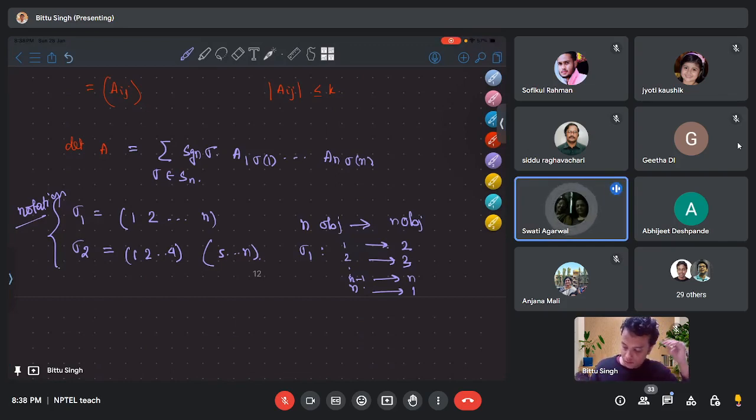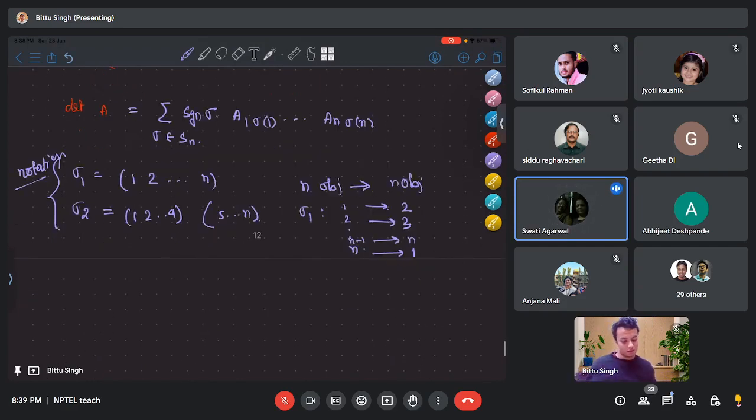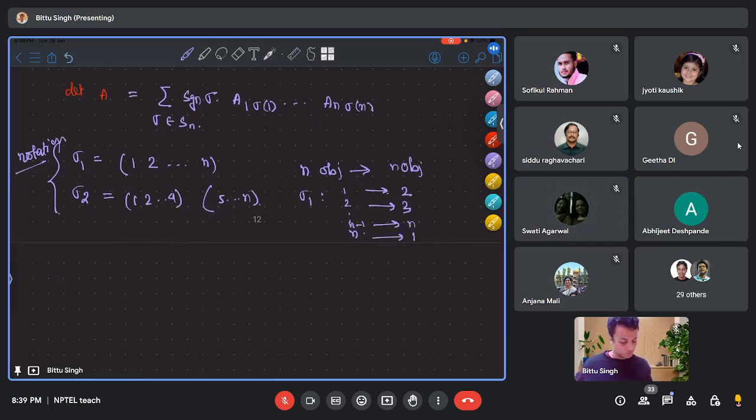Say if we start from a basic matrix, how can I understand this sigma 1 permutation? Say if I take just a 2 by 2 matrix. Let us write a 2 by 2 matrix. For example, it is A11, A12, A21, and A22.